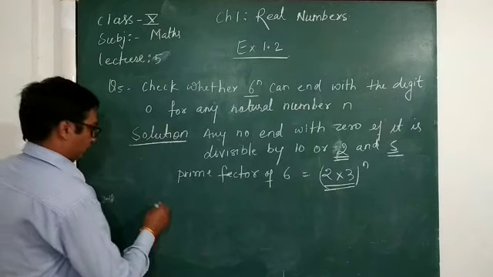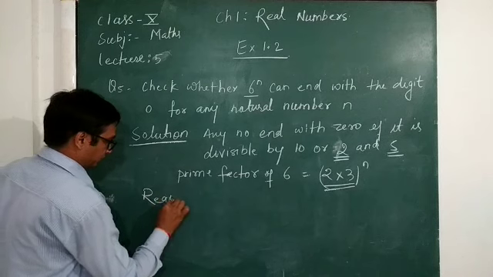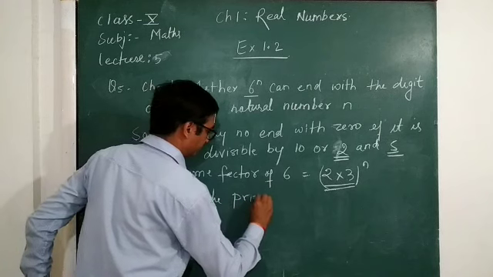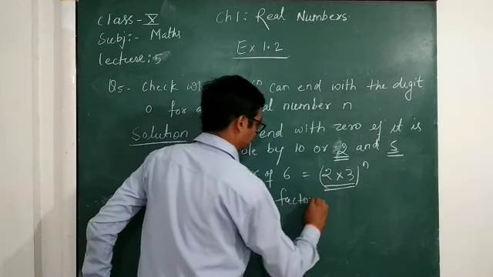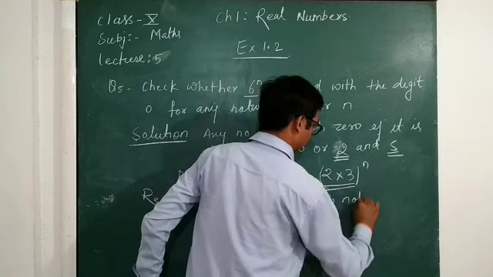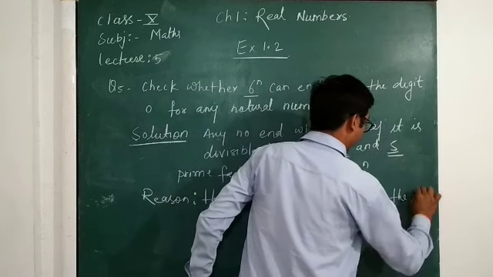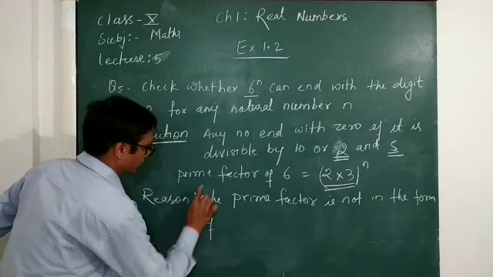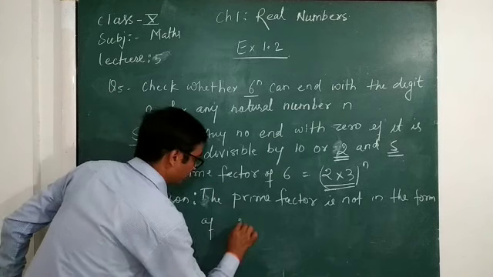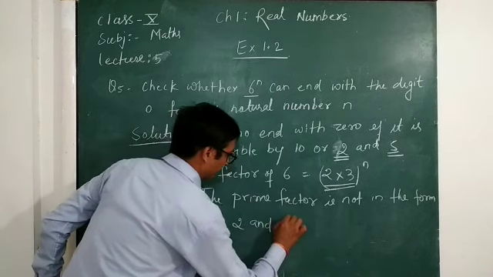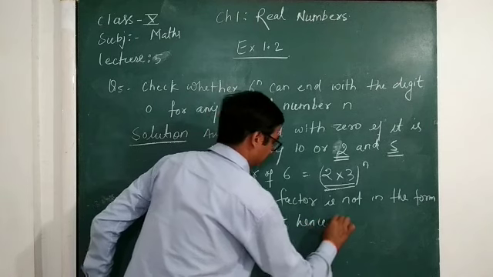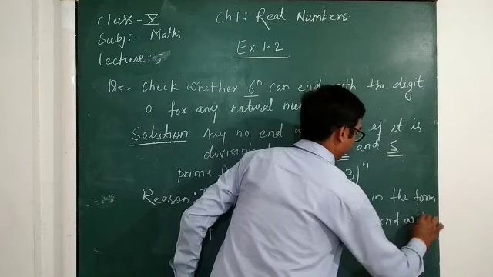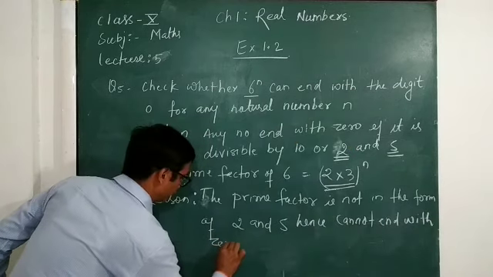So the reason you can see is that the prime factorization is not in the form of 2 and 5, hence it cannot end with 0.